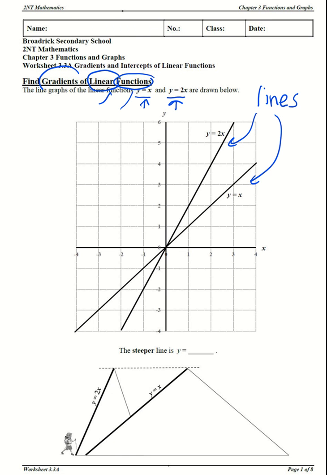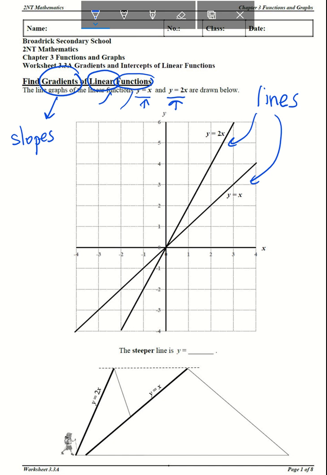So what are gradients? We have also learned that gradient means slope. We have two slopes here to climb: the y equals to x slope and the y equals to 2x slope. Will person A or person B have a harder time climbing the slope?